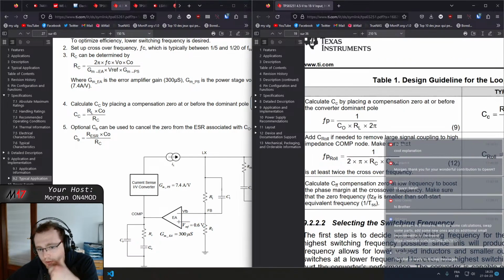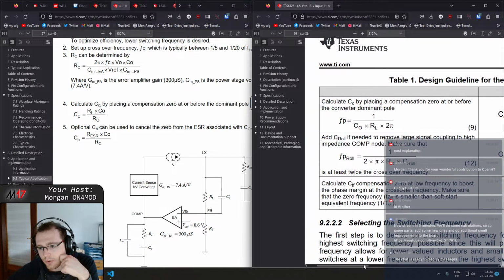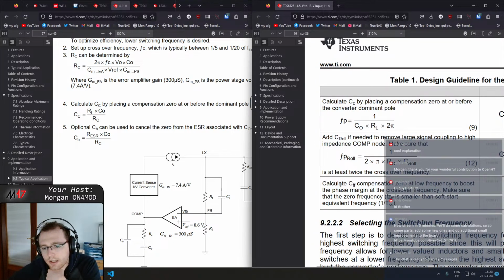Let's read. So calculate CFF. FF stands for feed forward. Calculate C feed forward compensation zero at low frequency to boost the phase margin at the crossover frequency. Make sure that the zero frequency, FZFF, is smaller than soft start equivalent frequency, 1 over TSS. Okay.